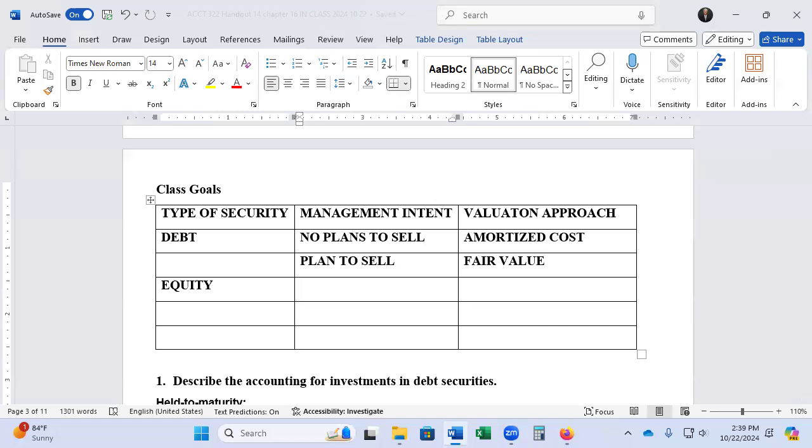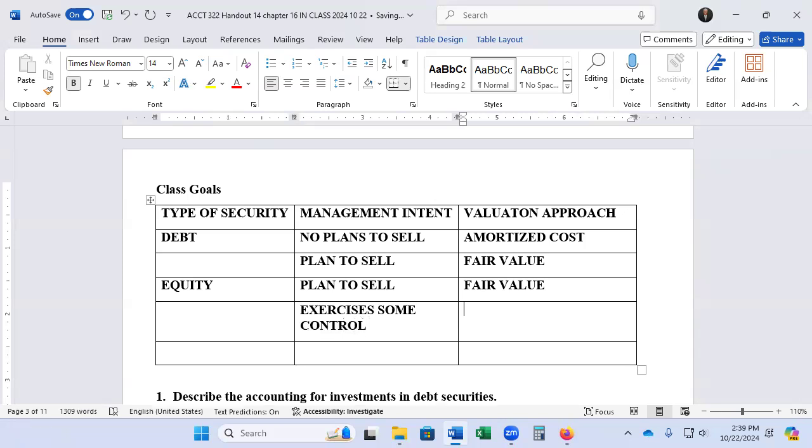Now for equity securities, if management plans to sell, you use fair value. And if management exercises some control, we're going to use the equity method. And that's kind of a summary of things that we haven't talked about yet, but we're going to talk about how we record these and how we value them.